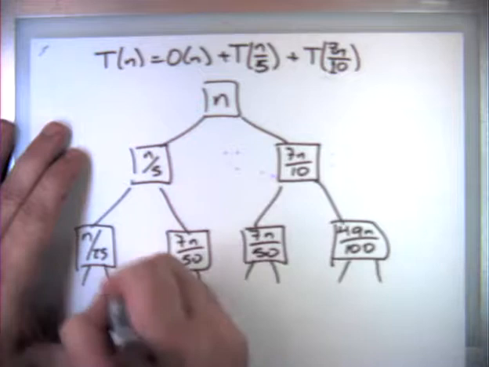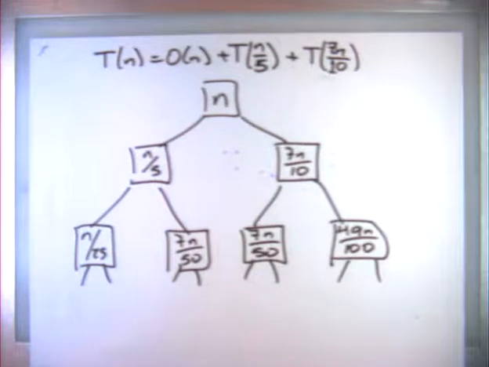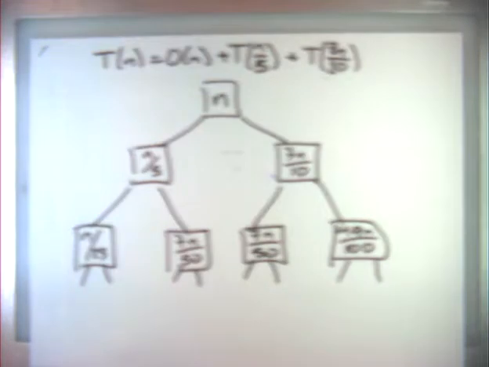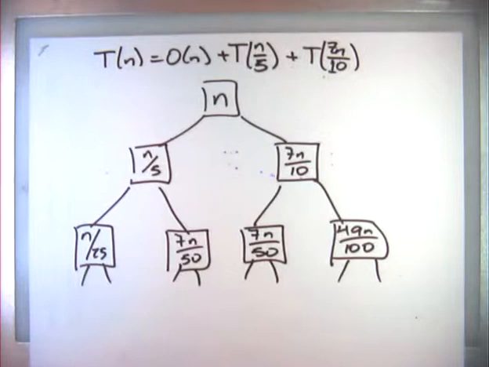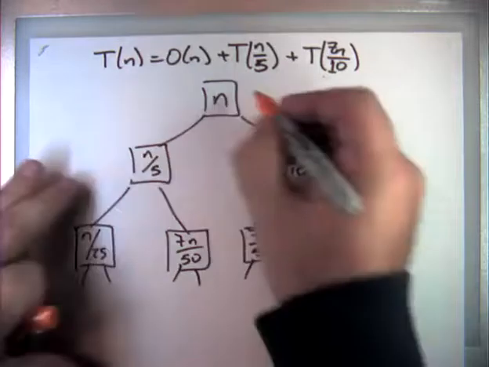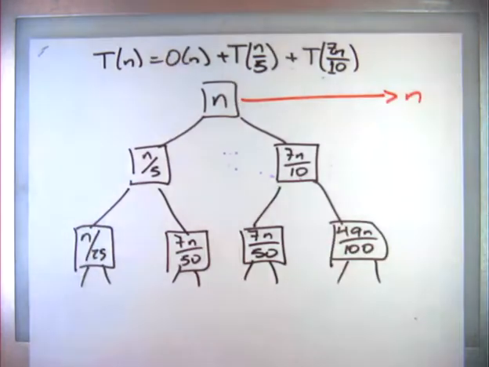All right, so I have another one of these unbalanced recursion trees, where the problem sizes are not the same at every level. But now let's watch what happens when we add up across the levels. At level 0, of course, we still have n. We do a linear amount of work at the root before we recurse.